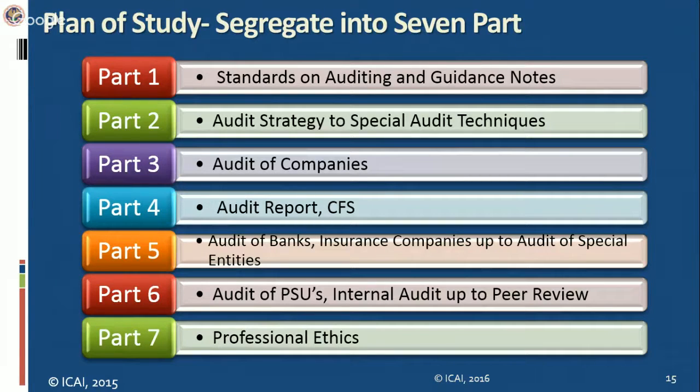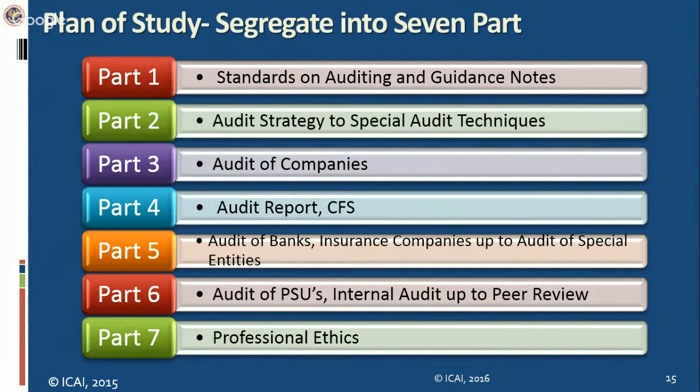Part 3 is the audit of companies, that is chapter 7, company audit, chapter 8, liabilities of auditor. Then we have part 4, audit reporting, consolidated financial statements. Part 5, audit of banking, insurance, cooperative societies, NBFCs. That is the audit of special entities.